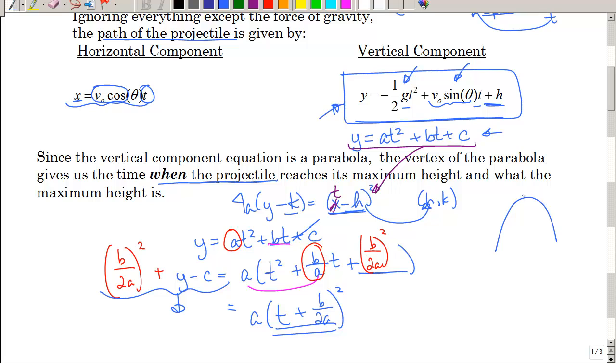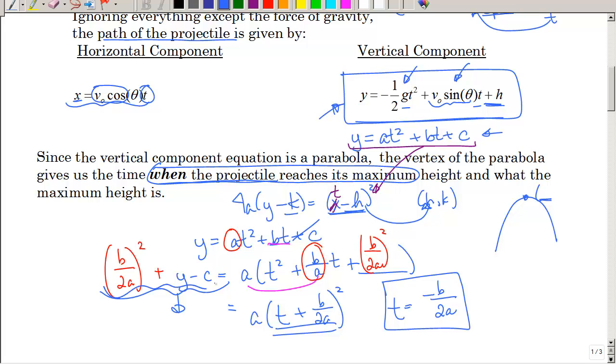So we have this, that would be the vertex, and I'm looking for that x coordinate, or in this case, the t coordinate. So if I solve for t, t would equal negative b over 2a. That's when the projectile reaches its maximum height.